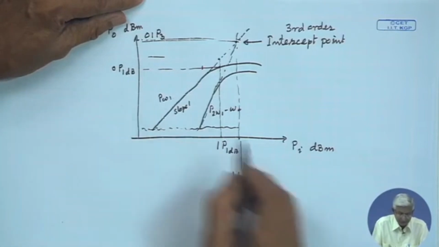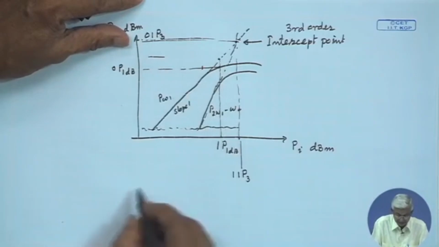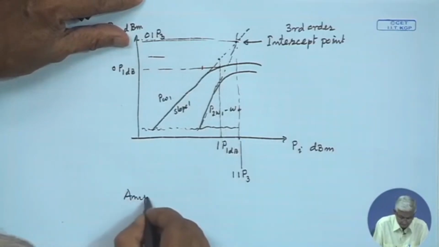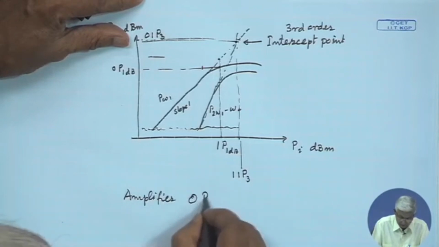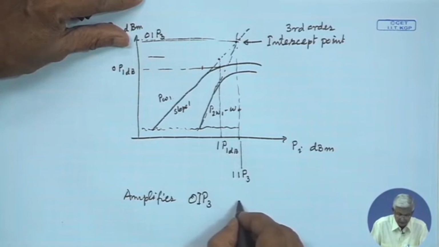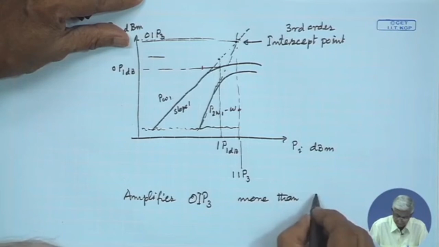This input and output we are defining because in some cases, like in an amplifier, the output intercept point third order is more than the input intercept point.